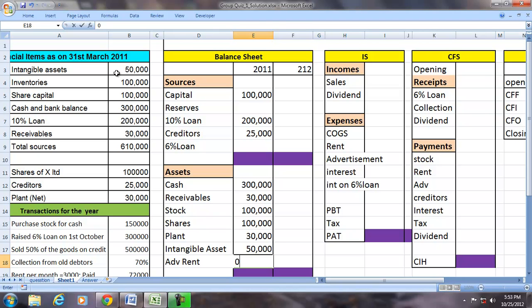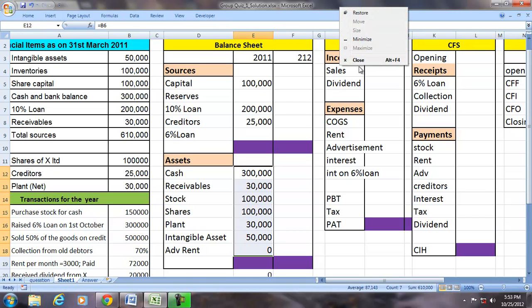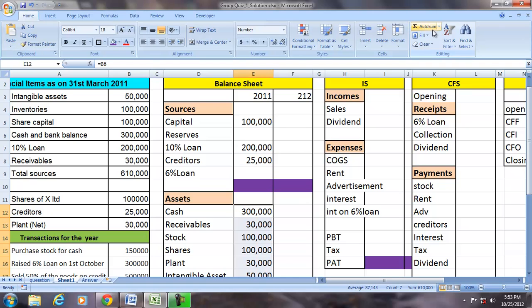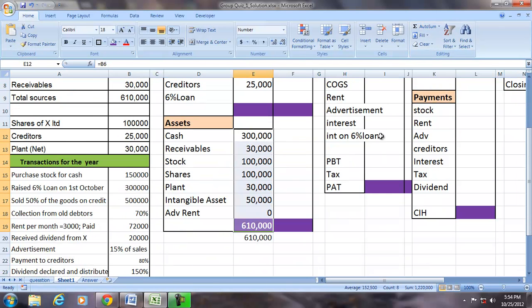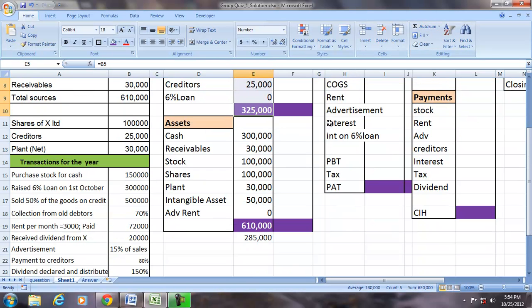So the summation of these assets given is 610,000. Then the summation of the sources given is 325,000.